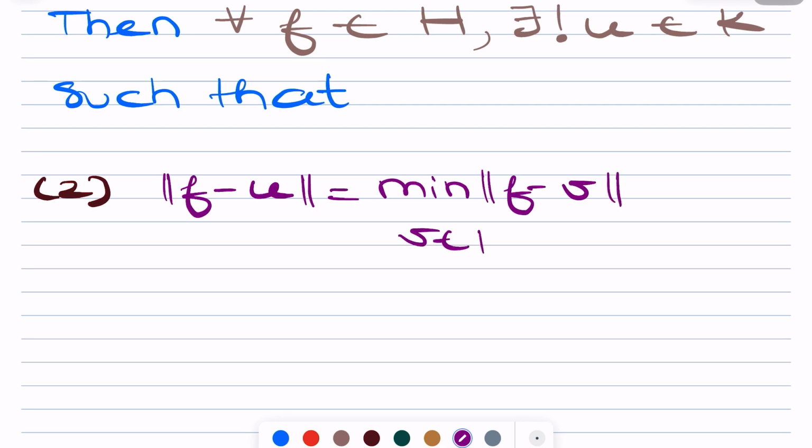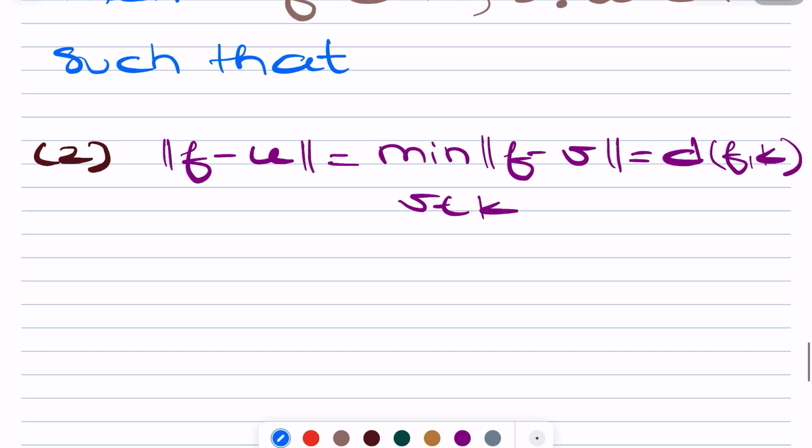I mean, it should be the inf, but I replace it by the min, because it is actually attained, which is just the distance of f to K.